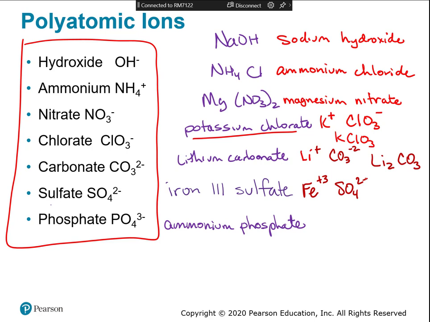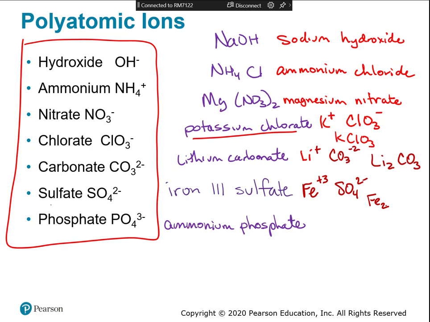So you see they're not the same. So how many Fe's will I end up with? I end up with 2 Fe's. The charge on the sulfate tells me how many iron. But now, how many sulfates? They just swap. The numbers just swap. And I use parentheses.